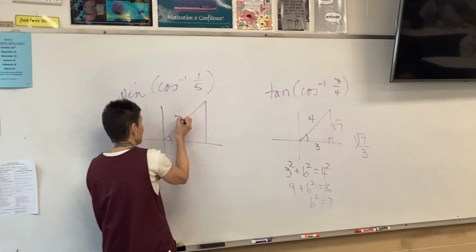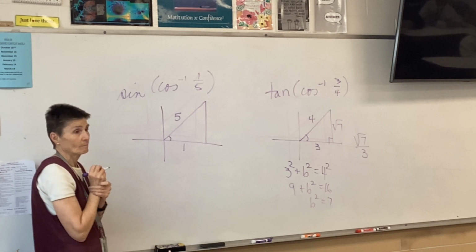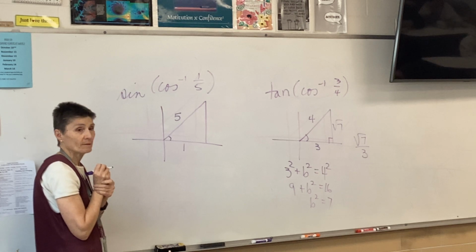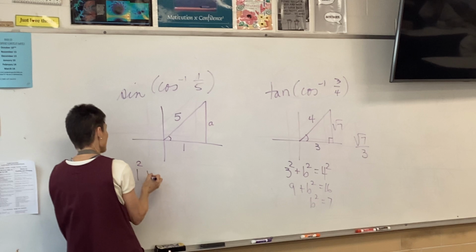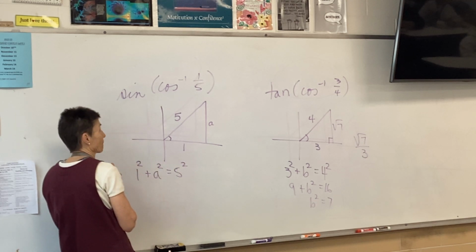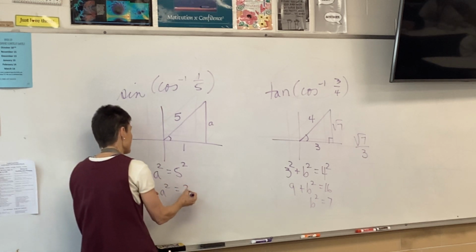Hypotenuse is 5. So then what do we do? Pythagorean theorem, we're going to find this guy over here. So 1 squared plus a squared is 5 squared. 1 plus a squared is 25.